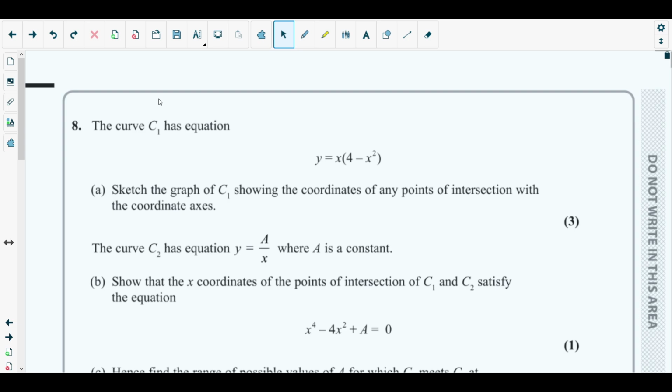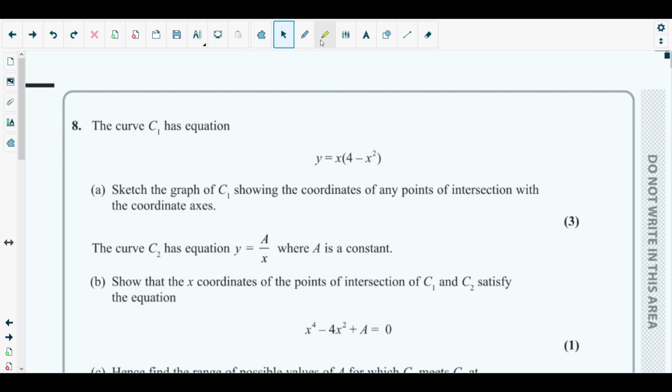In order to solve this question, you should have done questions from chapter number 4, and some algebraic concepts will also be required. So let's get started with question number 8.